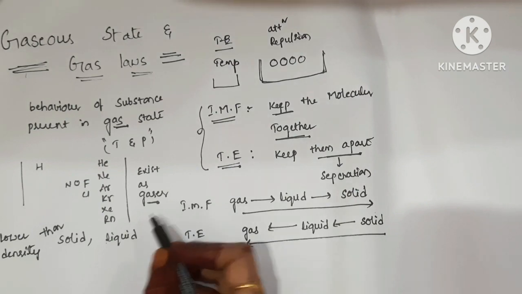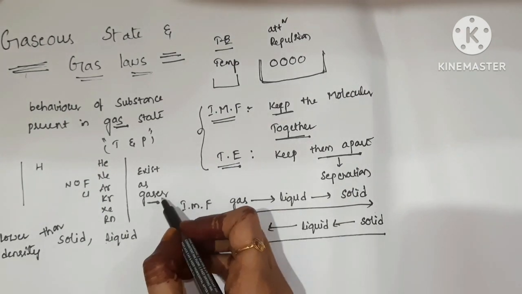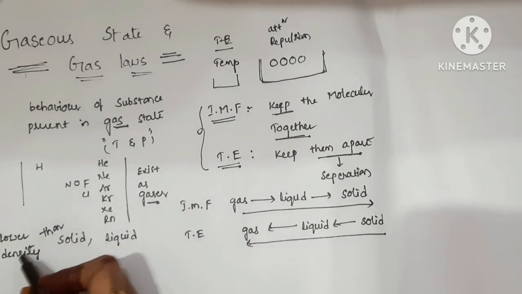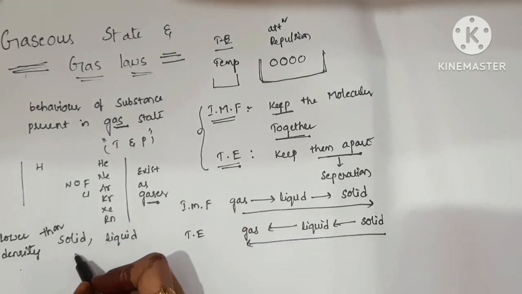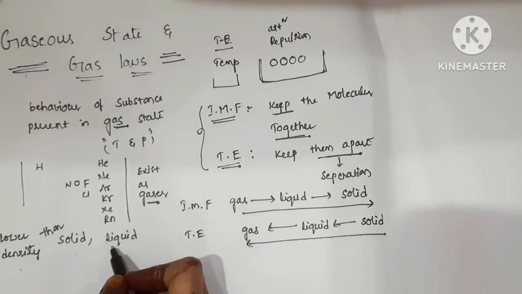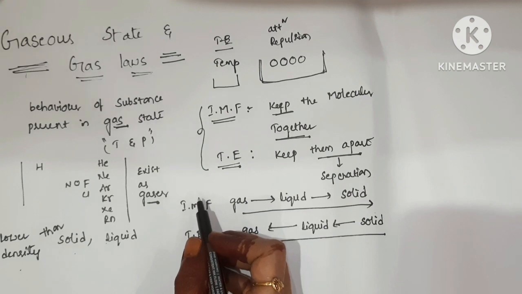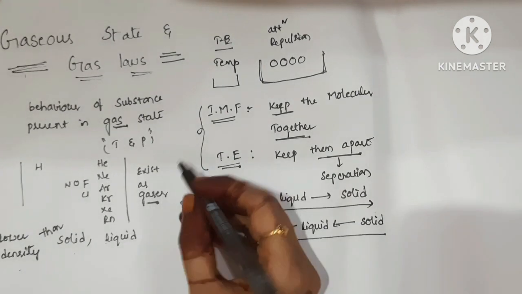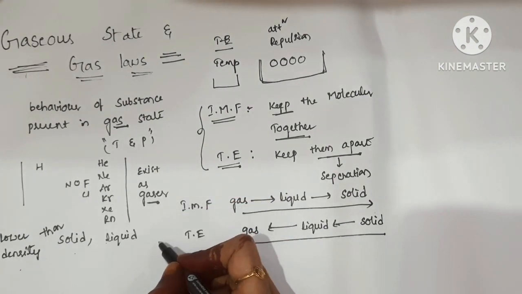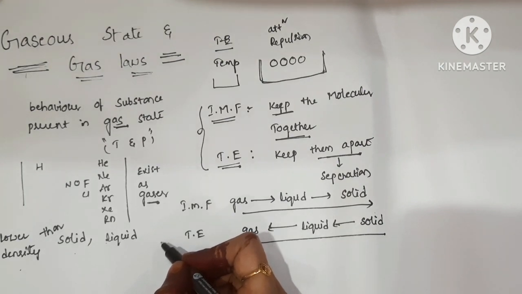Here you have to remember three points: gases are very compressible, they have lower density than solids and liquids, and they mix evenly and completely in all proportions. These are the main points about gases.